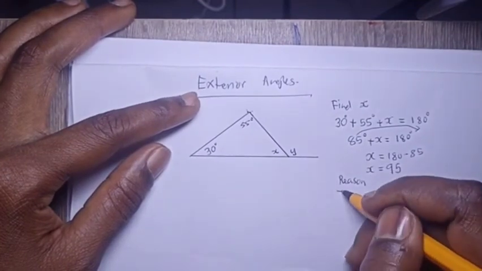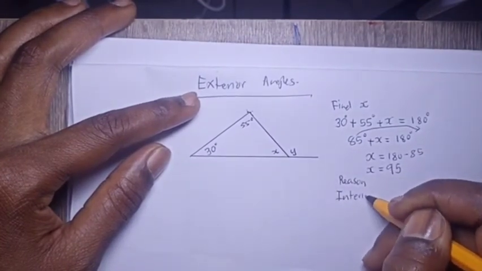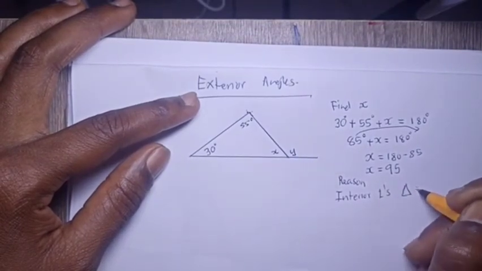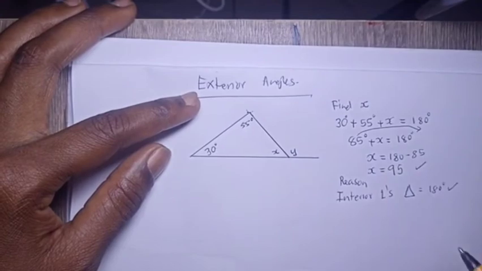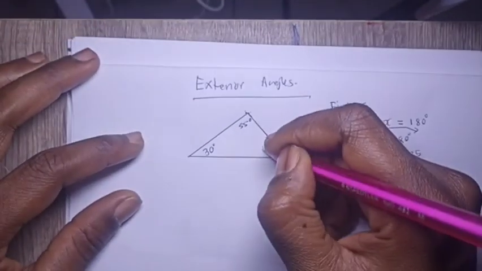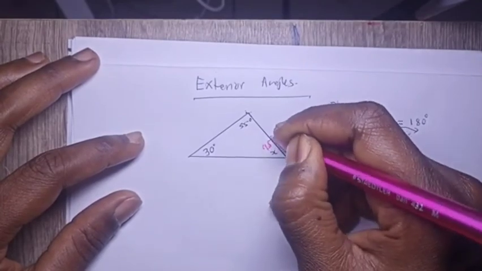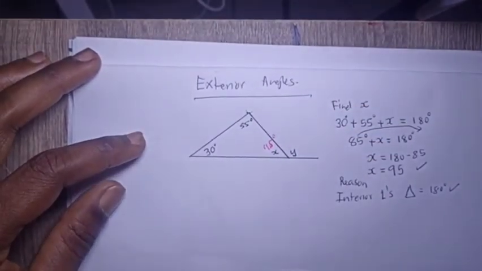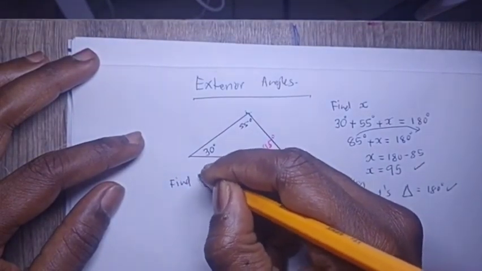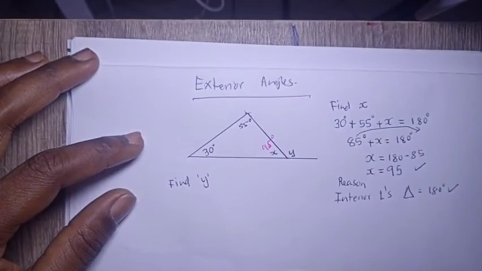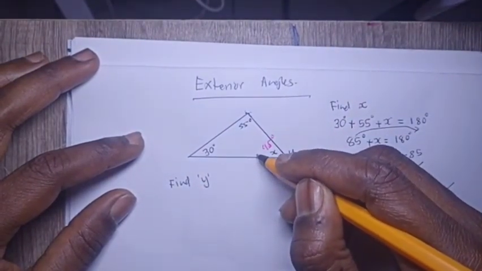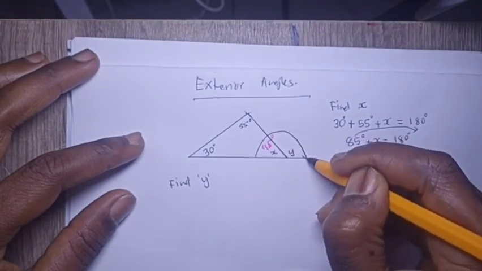And your reason will be: interior angles of a triangle equal 180 degrees. So that's what we used to find X. So I can go there and label X as 95. If the question says find Y, we're going to use this special rule called the sum of the exterior angles. If you have been watching the videos, you still remember the straight line.